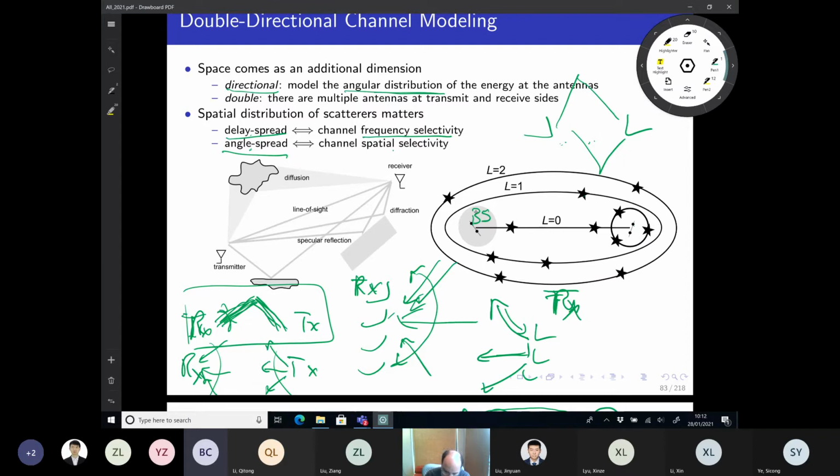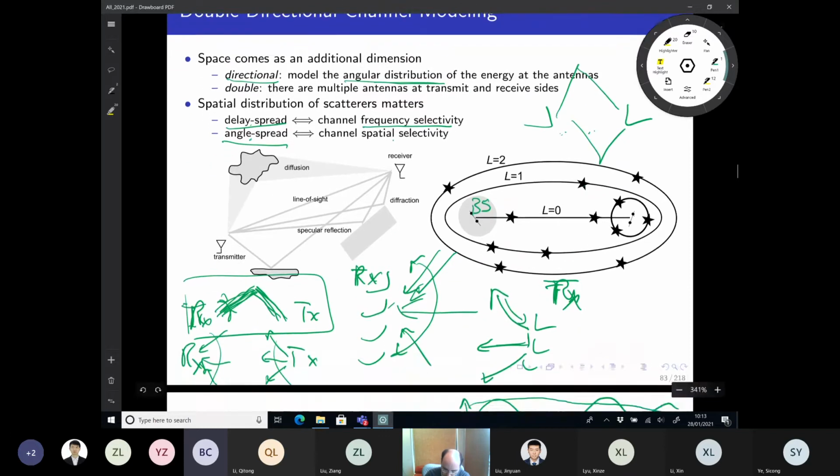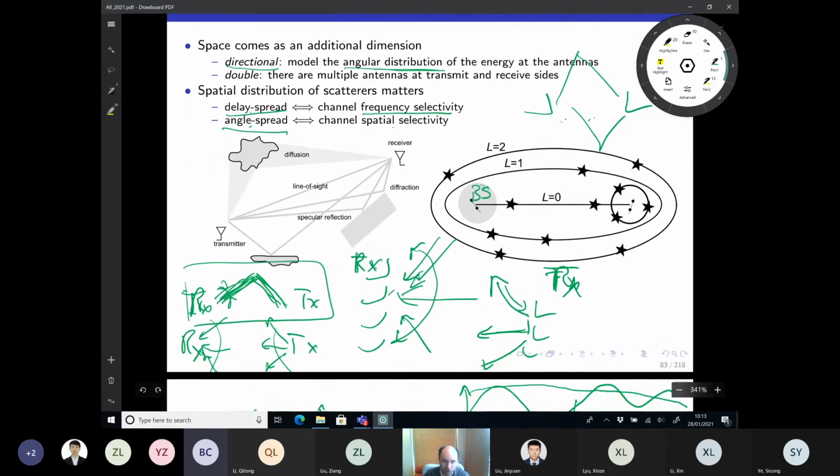So for instance, here you see I don't have stars or scatterers around the base station. That could be an example of a base station on a high tower in the middle of the city. It's a very high tower, so you don't have many reflectors around it. But here I have my mobile station, my handset for instance, with two antennas. I'm in a room like now here, and I'm going to have reflections from all the walls.